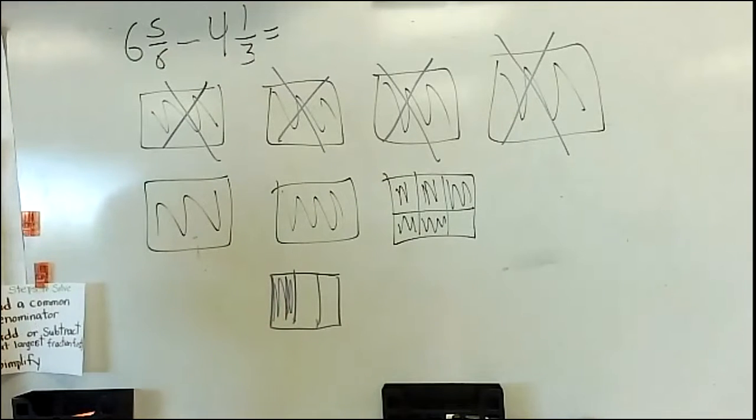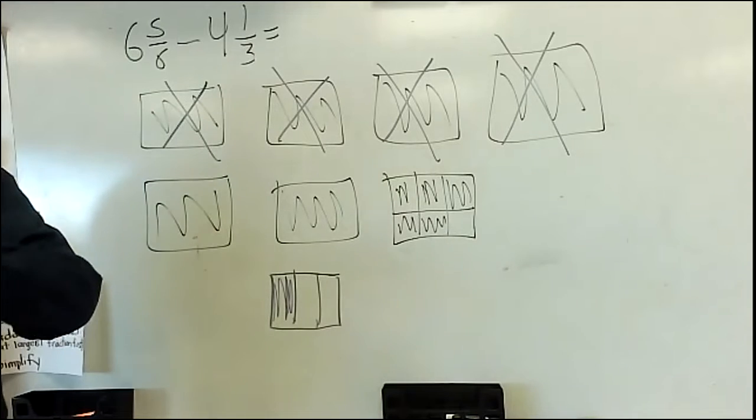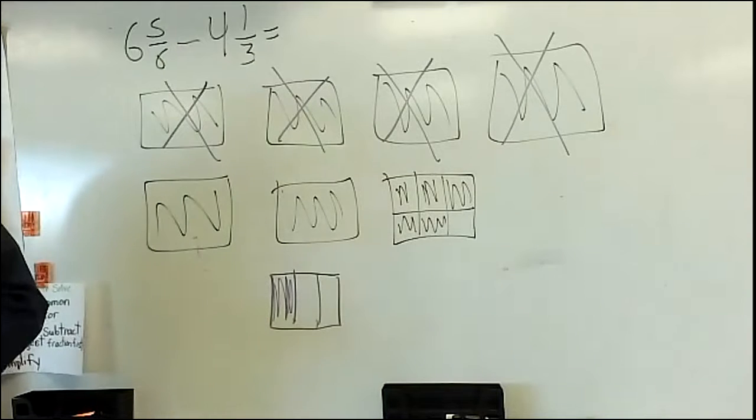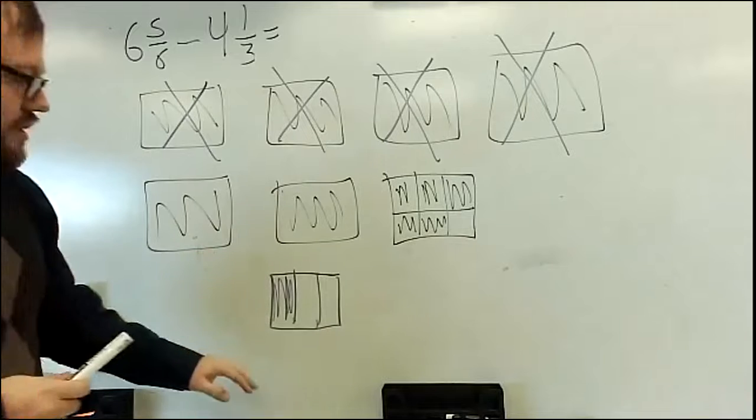Okay. Make sure that what I have on my screen matches what is on your paper. Okay. So make sure you're following along. Okay, so I have my 1/3 already drawn.